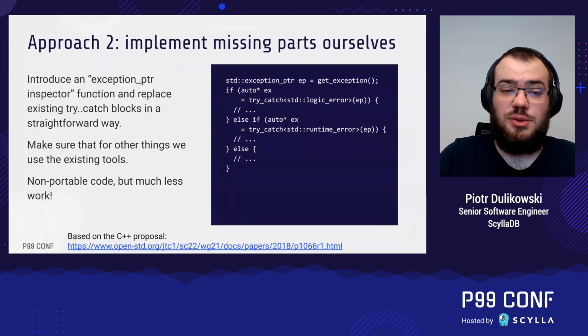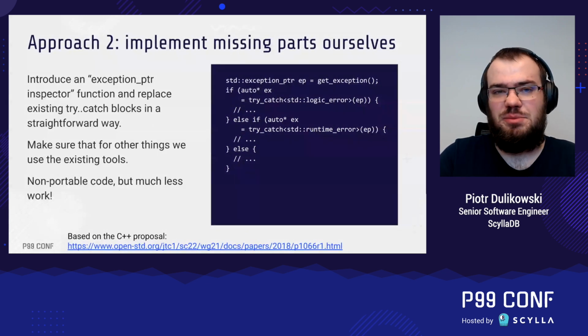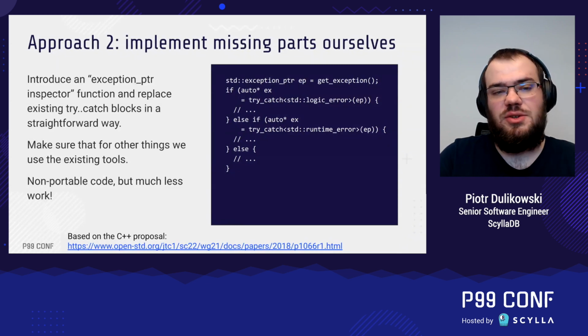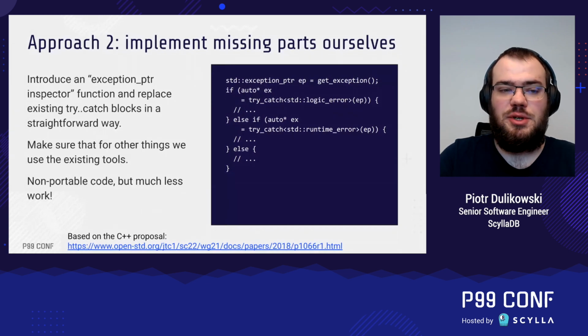The proposal actually includes an experimental implementation which uses standard library-specific and ABI-specific constructs to implement it for some of the major compilers. Inspired by it, we implemented a small utility function which allows us to match on the exception's type and inspect its value, and replace a bunch of try-catch blocks with it. We got rid of throws in the most important parts of the replica logic in this way.